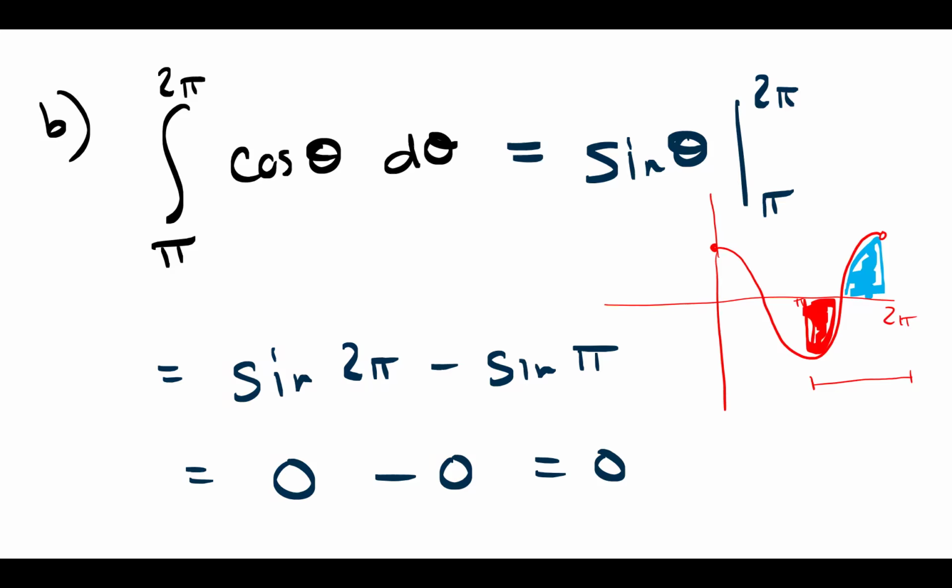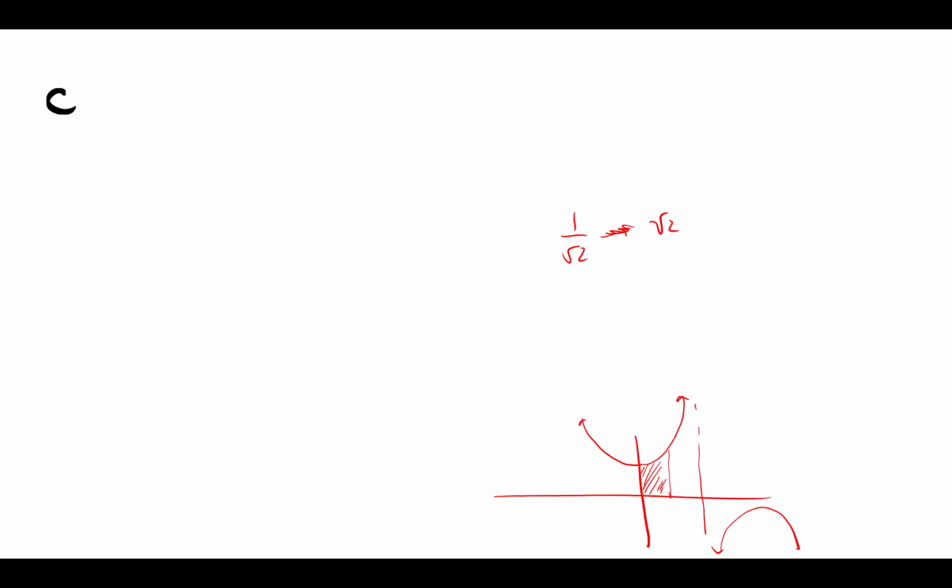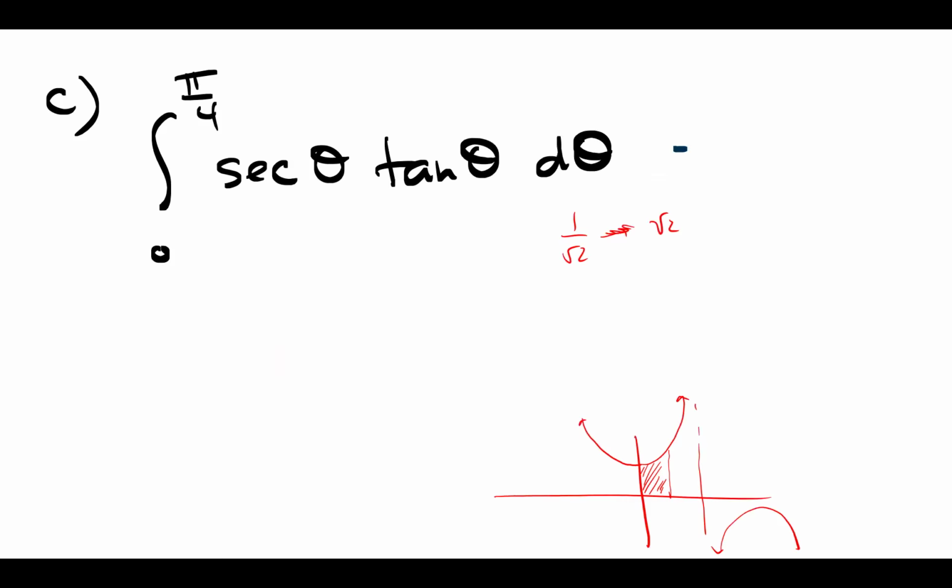All right, a little more complicated trig function. I know you can handle it. 0 to pi over 4 of secant theta times tangent theta d theta. Now we've got craziness happening.